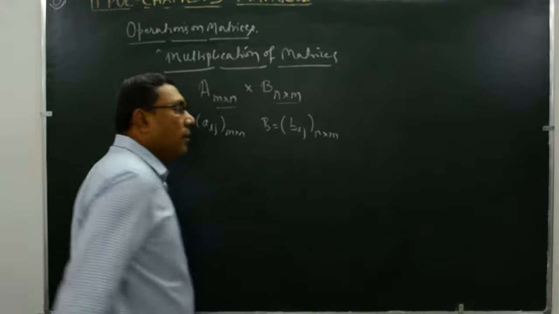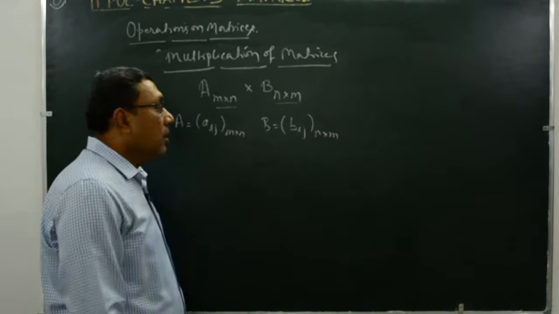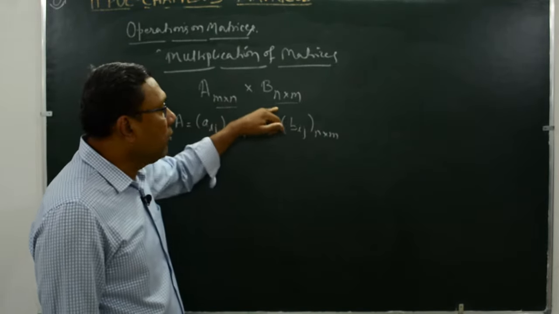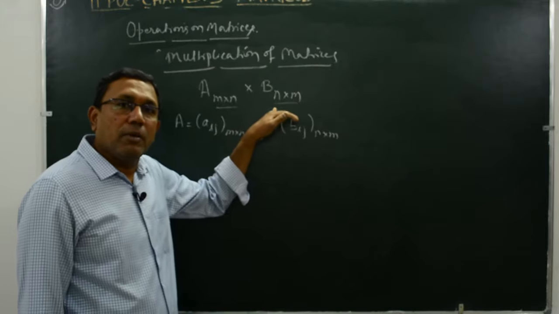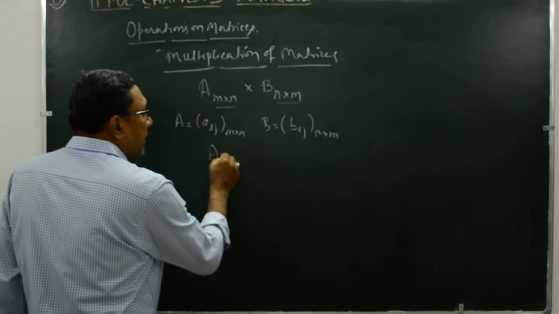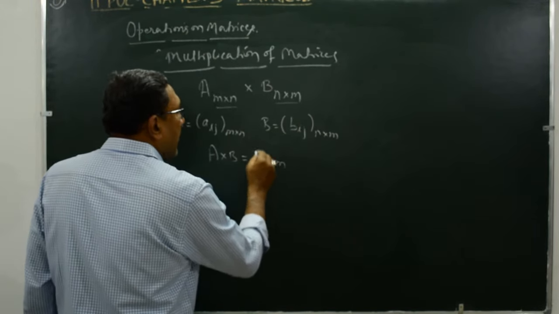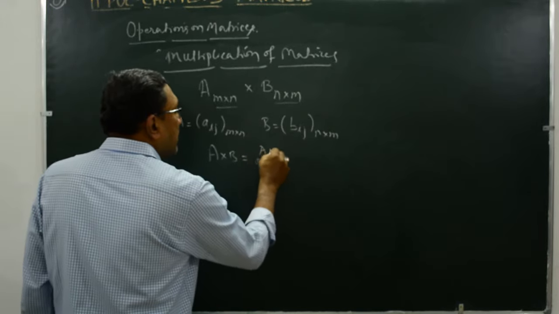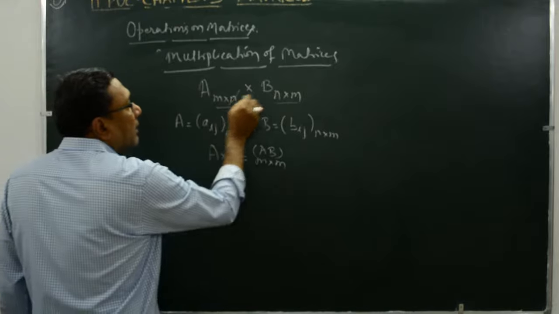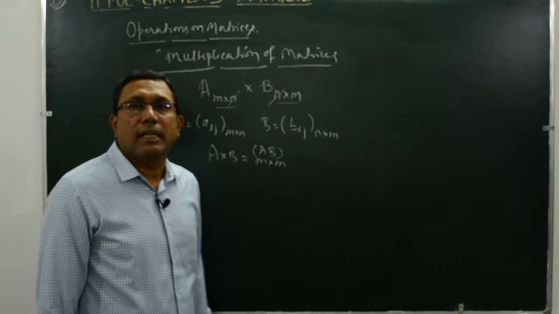When you are multiplying the two matrices, please understand the columns of the first matrix should always be equal to the rows of the second matrix. The resultant AB will be a matrix of order m by m, where these two inner orders get merged in the resultant matrix.